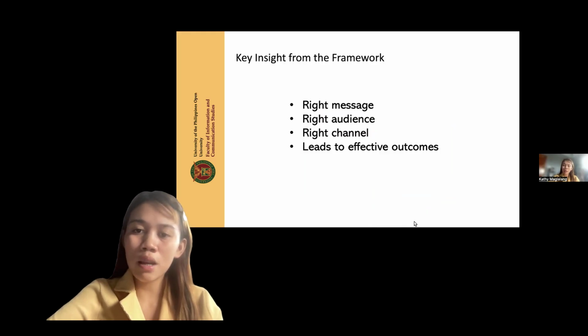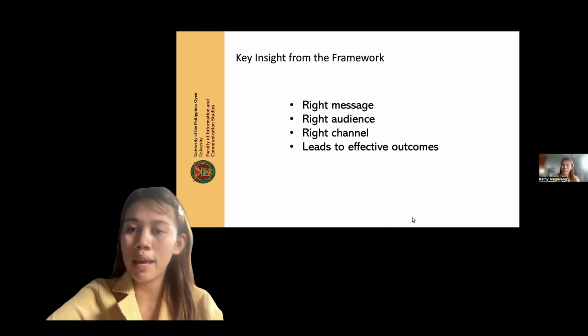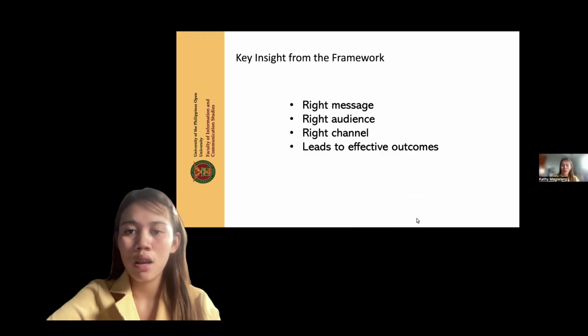The key takeaway from the framework is that effective CSR communication depends on delivering the right message to the right audience using the right channel. That's important. And when these elements are aligned, organizations can achieve positive outcomes such as trust, loyalty, and engagement.